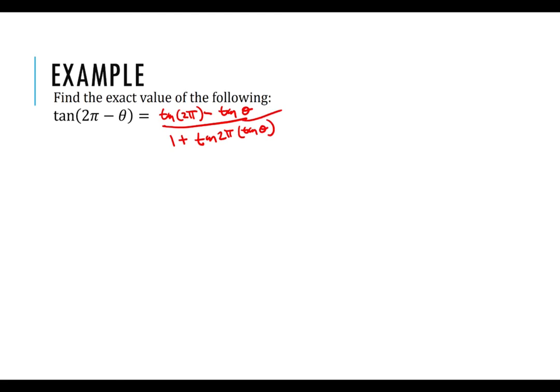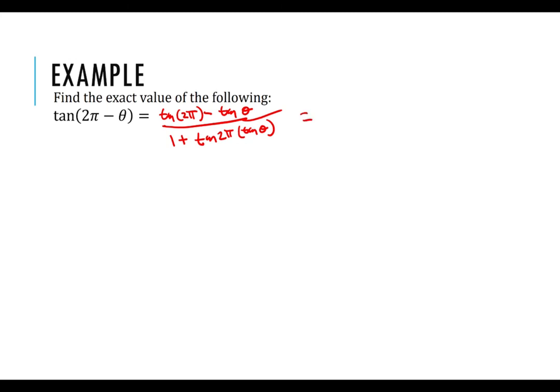Now what should we expect here? Remember that tangent has a period of pi, and so if we go 2 pi rotations, I'm hoping that I just get tangent of negative theta. That's what I should get. Or remember that tangent function is odd, and so it should give me negative tangent of theta. So one of those is what I expect to get, but let's finish our calculations.